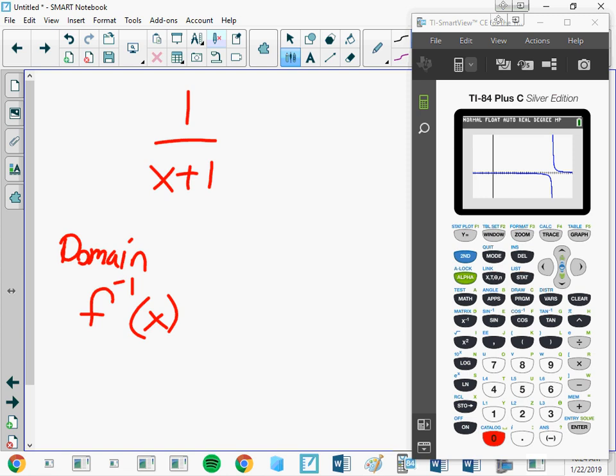So the domain of f is always equal to the range of f inverse, and the range of f is equal to the domain of f inverse. So if we can figure out the range of this, then we don't have to take the inverse.